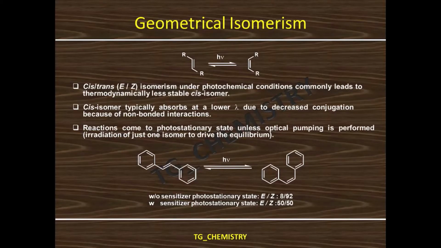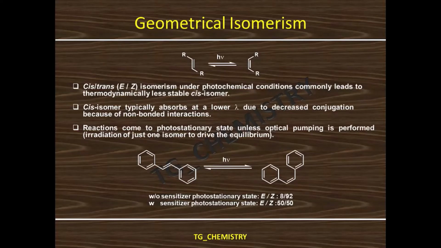Another possibility to circumvent the problem of absorption at short wavelengths is the use of sensitizers. As you can see here, in the case of trans-stilbene and cis-stilbene, with the help of a sensitizer at the photostationary state, we get a 1:1 mixture, or 50-50, whatever you say. Eventually that will lead to a 1:1 mixture.